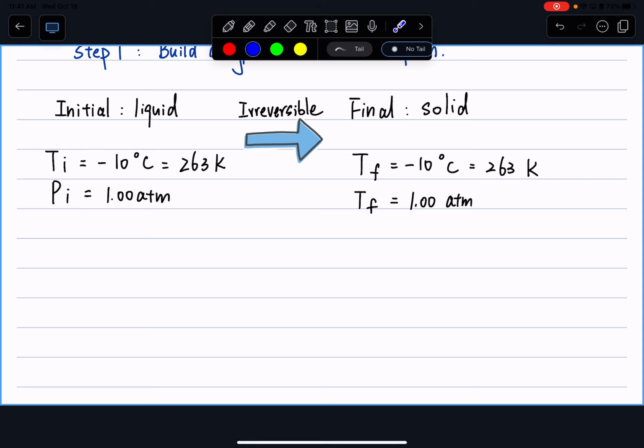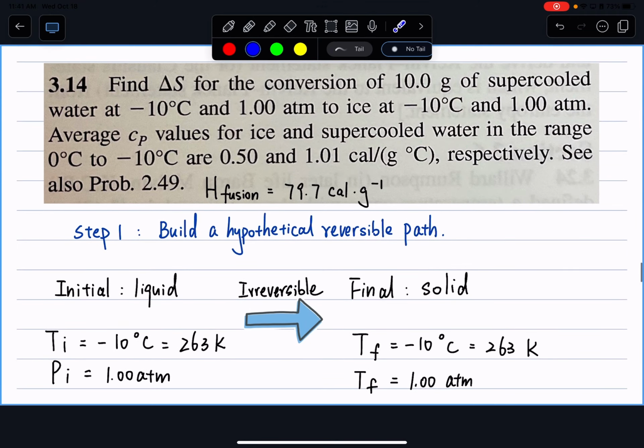Pressure stays the same the whole time, so I might just drop the pressure. Your final state is solid water at negative 10 degrees Celsius at 1 atm. And this transformation is irreversible. That's one piece of information that we cannot directly plug in. And the second is we do not have the CP value for that.